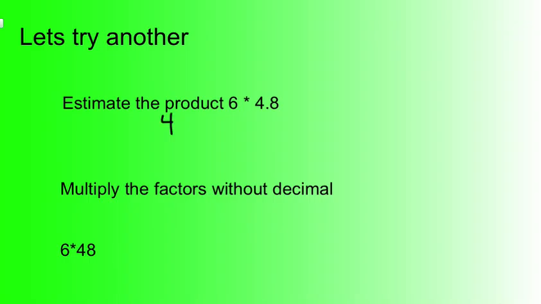Well, if you said that 4 and 8/10 rounds up to 5, you are correct because that's only 2/10 away from actually being 5. So now we know that 6 times 5 equals 30. So our answer is going to be somewhere around 30, and definitely a double-digit answer that's close to 30.